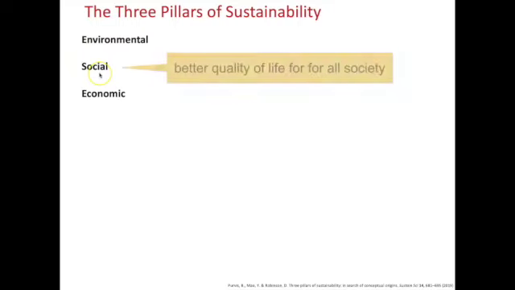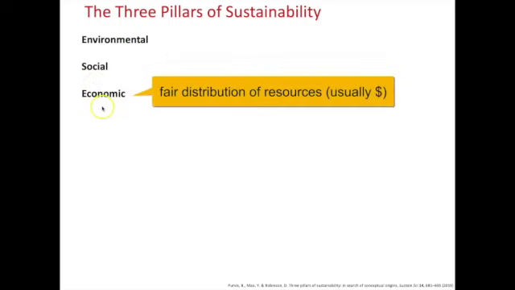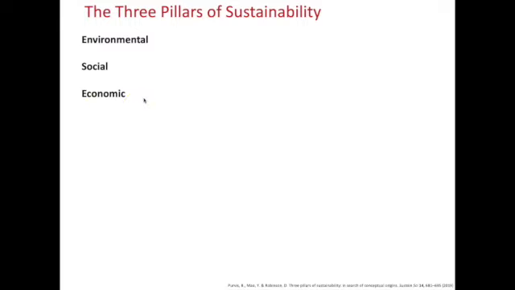There's also social. Social is better quality of life for all of society. And economic, and that is fair income distribution. That's fair distribution of those resources. Usually it has to do with money. So each has its individual definition, but to be sustainable means that all three of these criteria must be met.